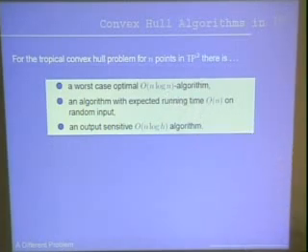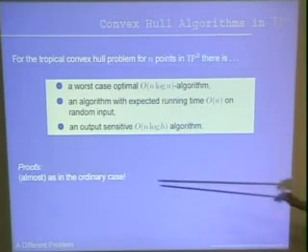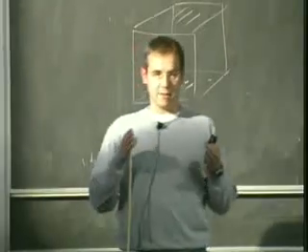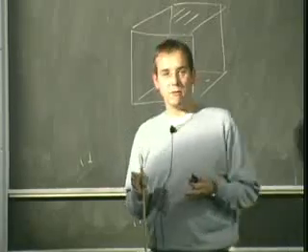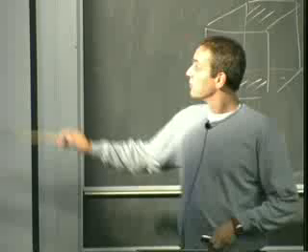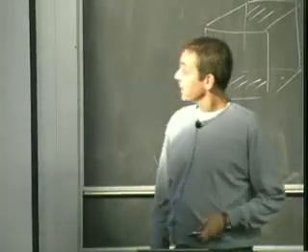We have a worst case optimal n log n algorithm. To prove that is almost the same as in the ordinary case, because we could give various algorithms, for instance, something based on sorting. You know that the ordinary convex hull problem in dimension 2 is very closely related to sorting. And again, you can do a sorting trick here to produce such an algorithm.